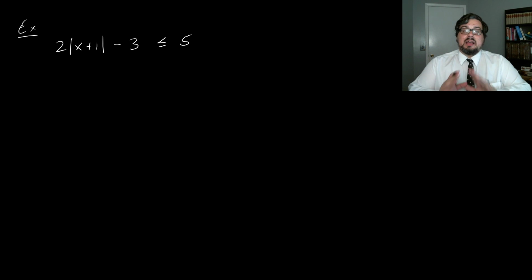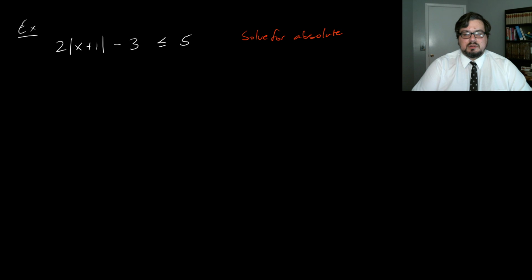We can't apply our rule yet about translating absolute value inequalities into compound inequalities because we need to get the absolute value by itself first. So first we solve for the absolute value term. So looking at that, we can add 3 to both sides.